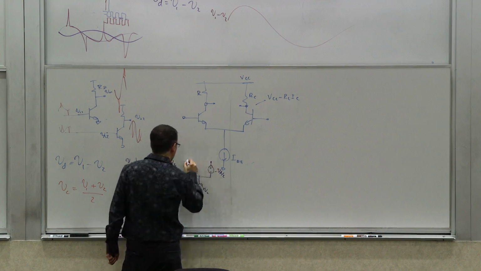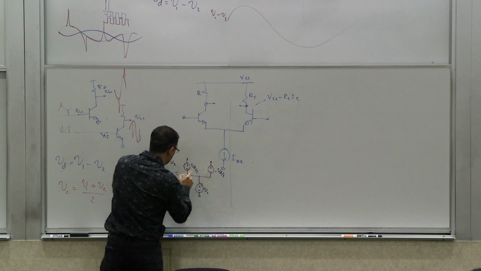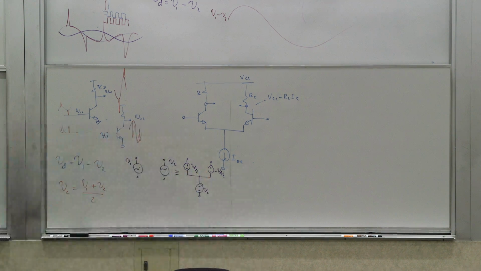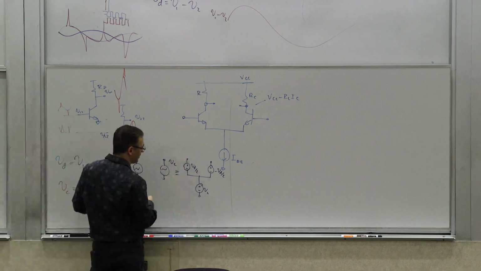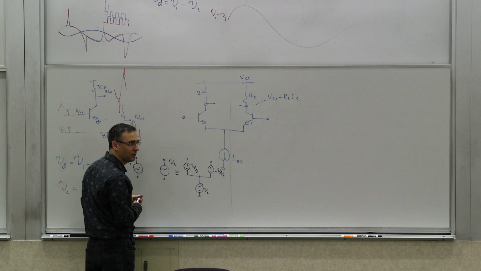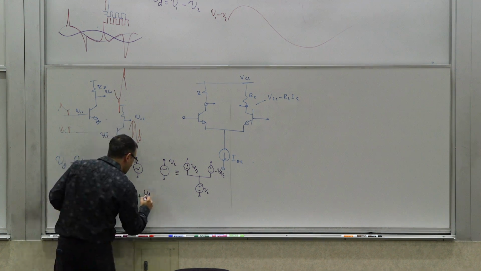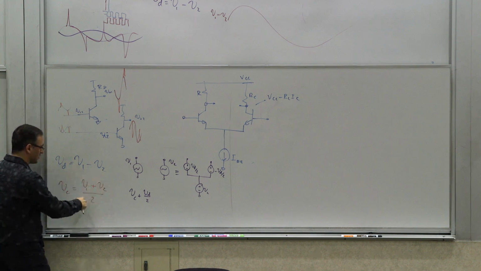So this combination, from the perspective of these two terminals, behaves exactly the same as this combination. Let's look at what you get on this terminal. You get VC plus VD over 2, right? VD over 2 is (V1 minus V2) over 2, and VC is (V1 plus V2) over 2.